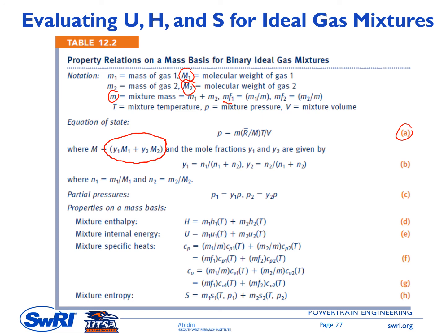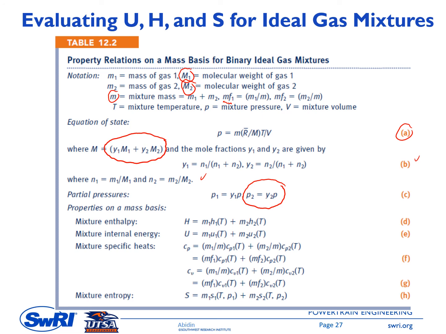And then the mole fractions y1 and y2 are given by equation B here. So for example, y1 equals n1 over n1 plus n2. Similarly, y2 is n2 over n1 plus n2. Okay, and then we also have this correlation already in the previous slide for partial pressure p1. So this is the mole fraction of gas 1 times the mixture pressure. So you also have p2 here equals y2 times P.